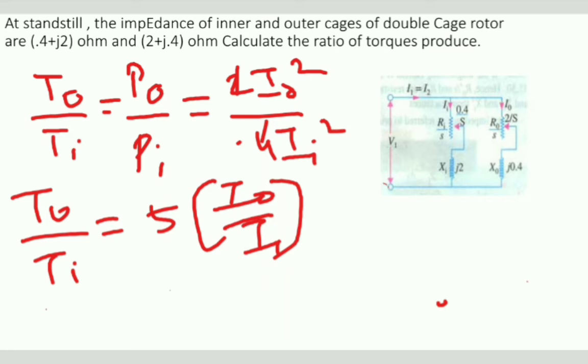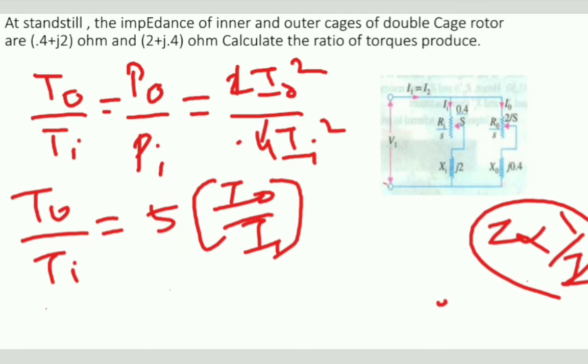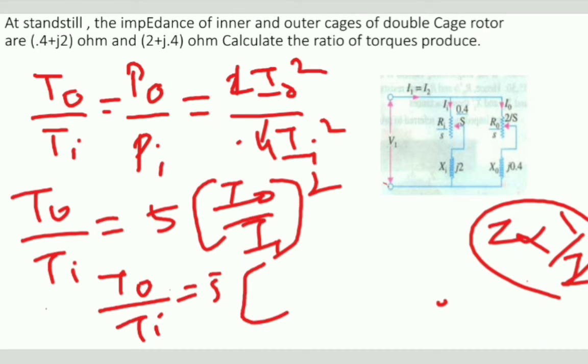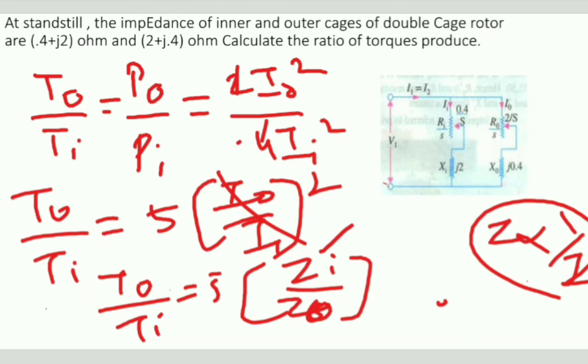Now we have another relation: impedance and current are inversely proportional at working condition. So Io by Ii squared can be replaced, giving To by Ti equal to 5 Zi by Zo. Why do we replace it like this? Because we can't find the current values as no voltage is given. Zi and Zo we found to be 2.04 and 2.04, both the same, so this will be 1.